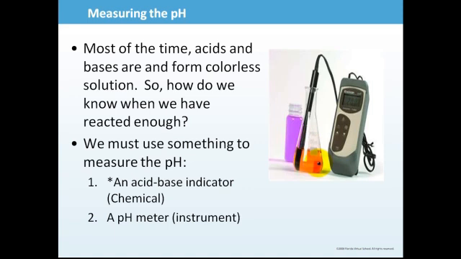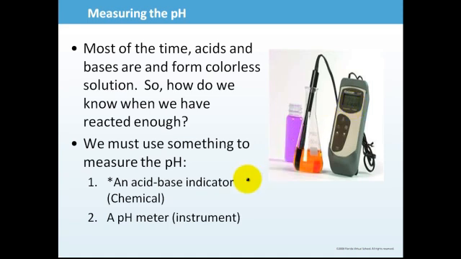You put it in the solution, and there's a couple of electrodes in there that do some measuring for us. We won't get into all the details of that here, but it gives us a reading on the screen as to what the pH is. This is a very precise way of figuring out our pH values as we go. So obviously once that hits 7, we know that we've got what we need.